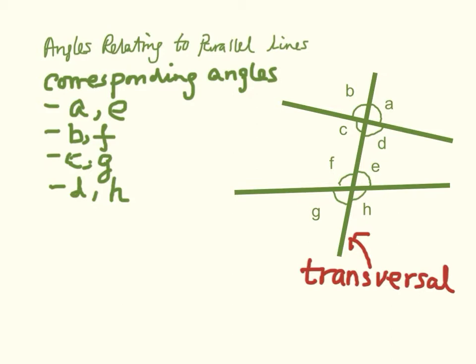The next type of angle is called alternate angles. In the figure, there are only 2 pairs of alternate angles.